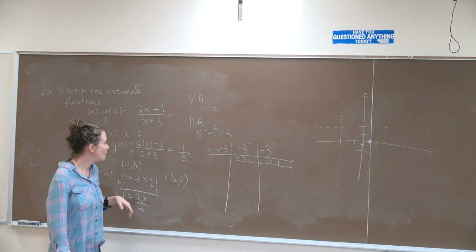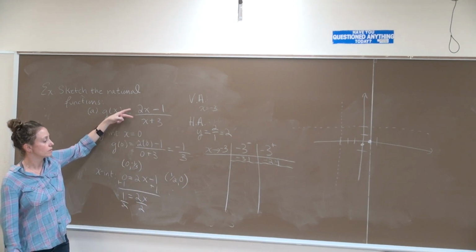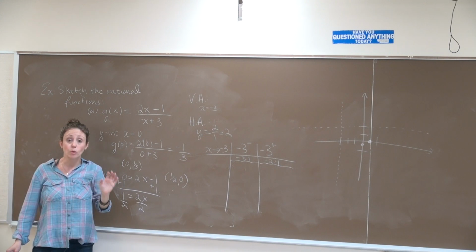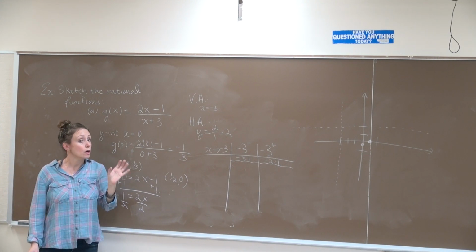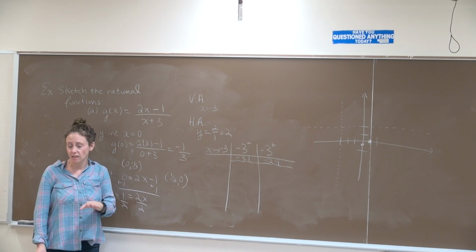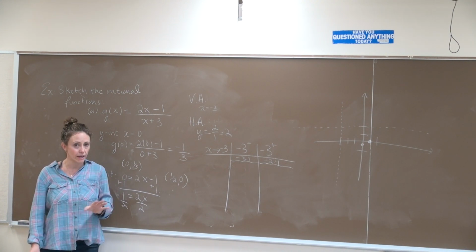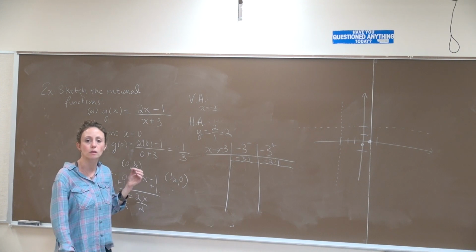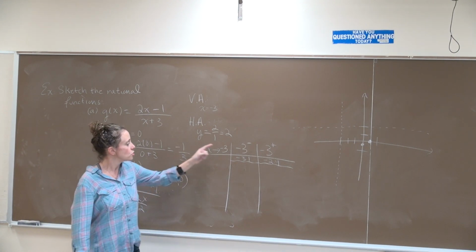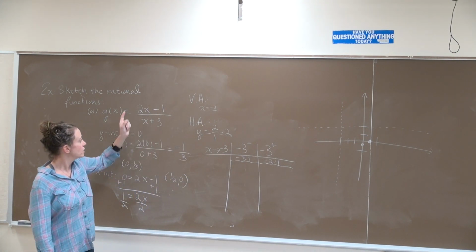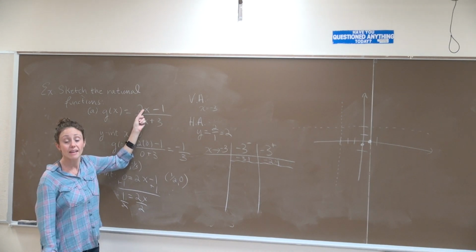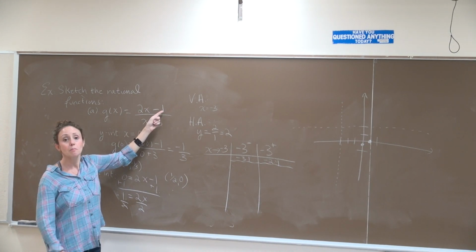So -3.1, here's what we're going to do. We're going to substitute it back into the original function that we had, which is right over here. And the only thing I want you to concern yourself with is, is our quotient going to be positive or negative? That's it. We don't care about exact values. You can find it if you want, but you don't have to. We're just concerning ourselves with, is our quotient negative or positive? So when we substitute -3.1 in, 2 times -3.1 is a negative, minus 1 makes it more negative.